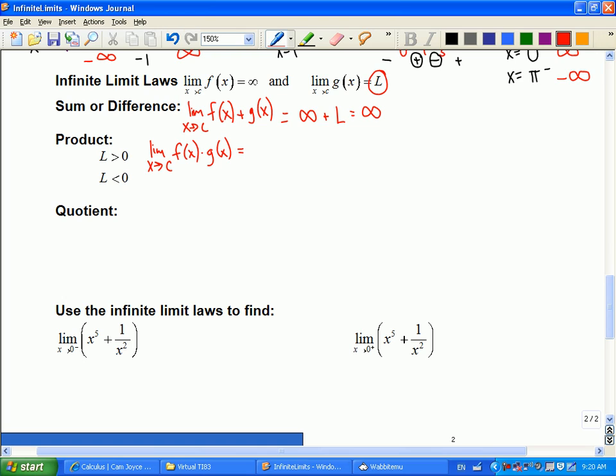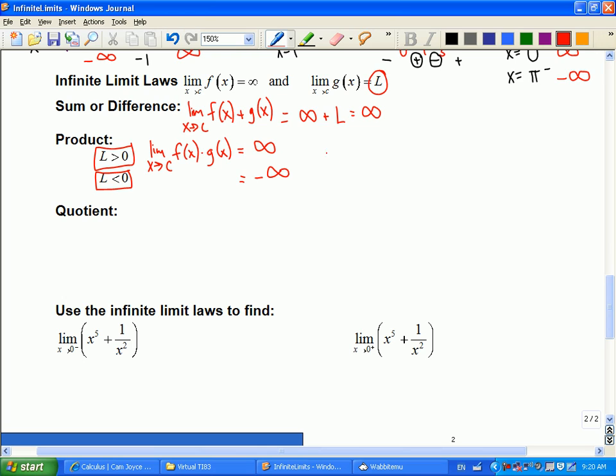The only thing it can do is flip whether it's positive or negative infinity. So in this case, because the limit's greater than 0, it's still going to be infinity. However, in the other situation, when the limit is less than 0, it would be equal to negative infinity, because I'm multiplying by a negative number.